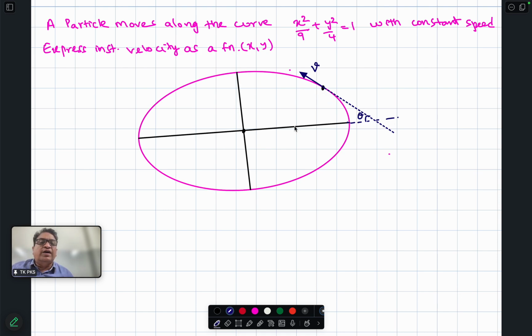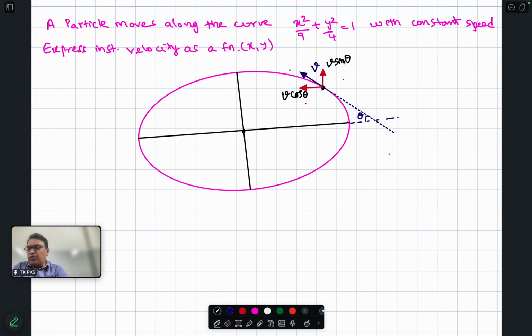Now, this velocity can be resolved into two components. One is the horizontal component. The other is the vertical component. Now this you will call as V cos theta and this you will call as V sin theta.